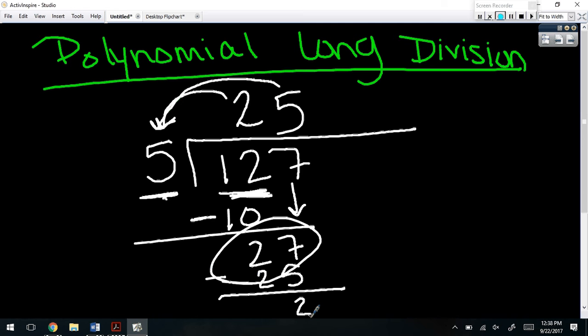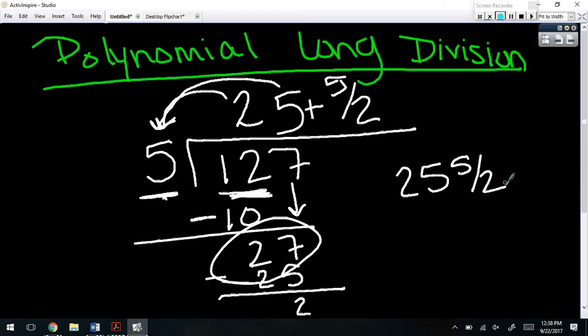That's why. The average 5th grader wouldn't know what 5 divided by 2 was, but they would know what 5/2 is because they did fractions in 4th grade. So if I say plus 2 over 5, they can write their answer as 25 and 2/5.